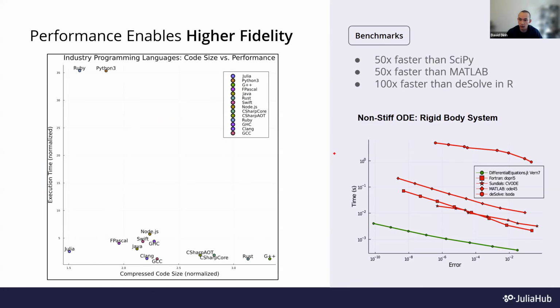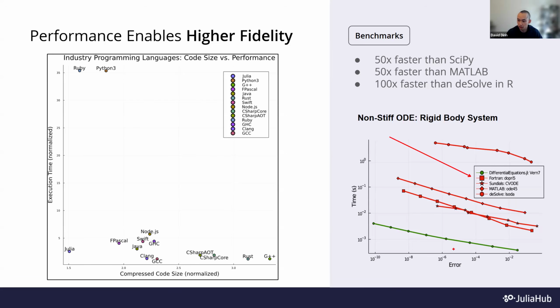And then if we look at the right side, we have some domain-specific benchmarks. We have a rigid body system represented as a set of non-stiff ordinary differential equations. We can see that the Julia solution, which is in the Julia package DifferentialEquations.jl, is compared to implementations from other ecosystems: Fortran, Sundials, MATLAB, and so on.